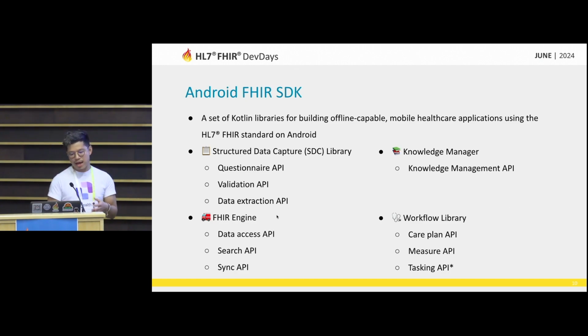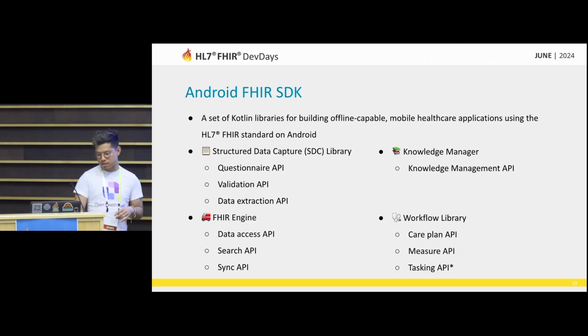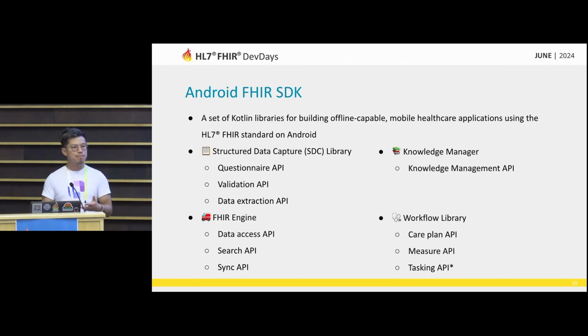And then you have the data access API, search API, sync API on top of that for your application to use FHIR data. Right? So the search API is inspired by the FHIR RESTful search API, but obviously this is a programmatic API, so your app can actually call the Kotlin APIs and search for your patient resources that are stored on device. And Sync API does the thing of synchronizing with a backend FHIR server, both download and upload.